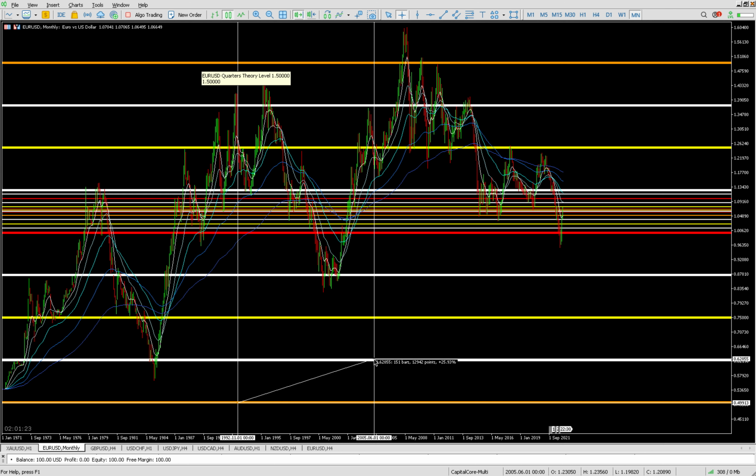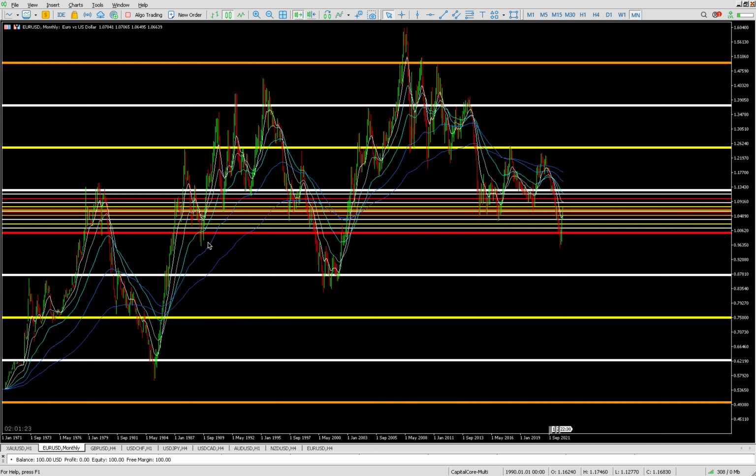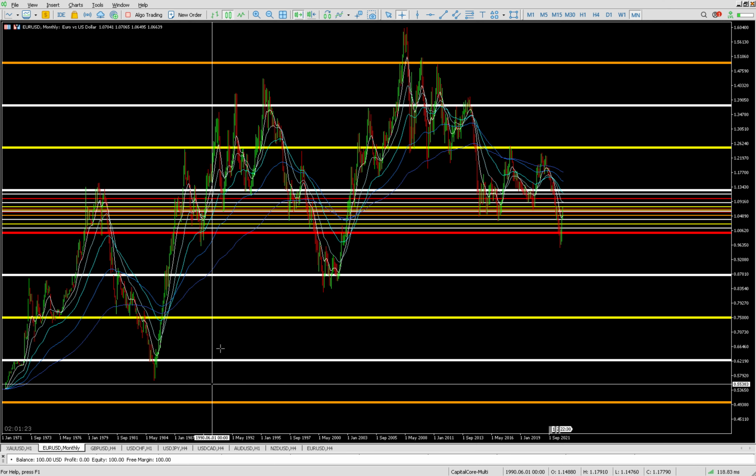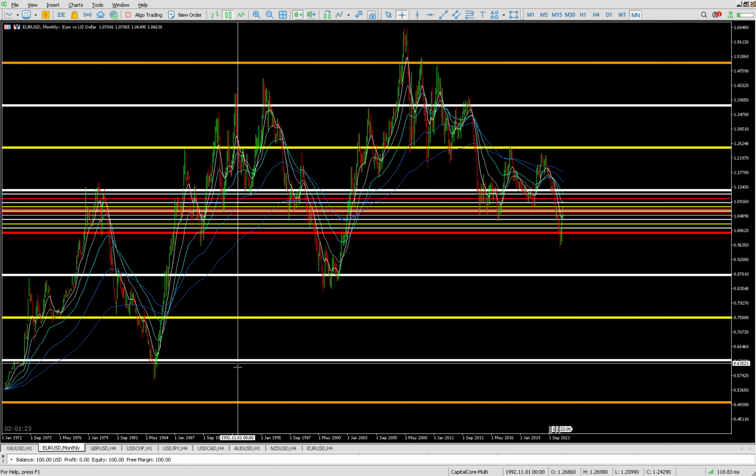How about this? That's half. What's half of 25,000? 12,500. So you see, we're just taking 100,000 points right here, dividing it in half, and then dividing that in half, and dividing that in half. That is your high time frame quarters theory levels. We did the same thing up here. It's just a little bit less clear because I've got all these levels. So I wanted to just show you down here, but this is the same thing up here.